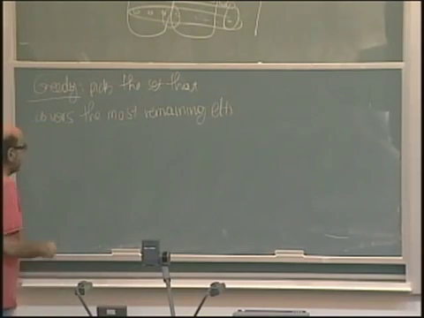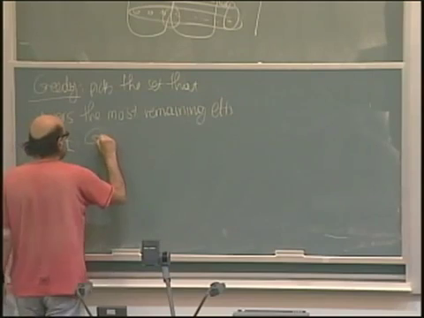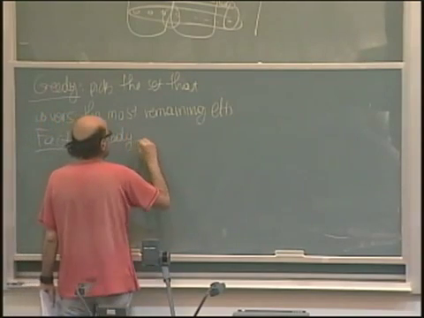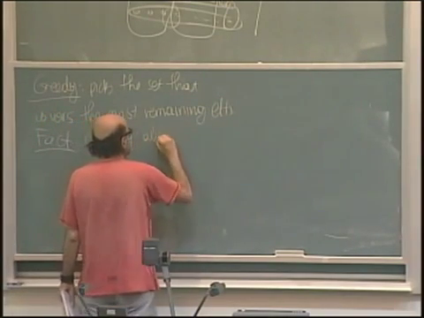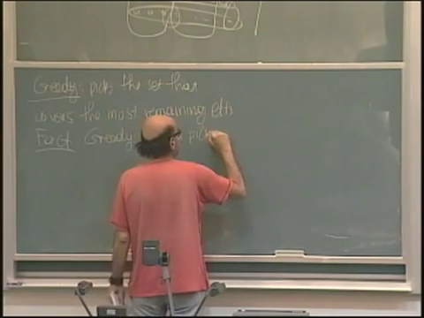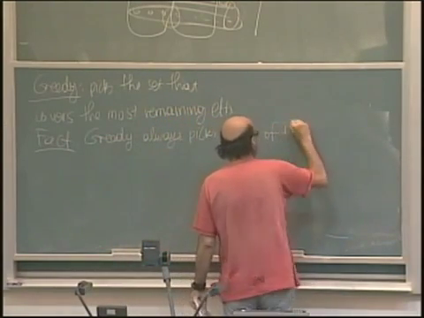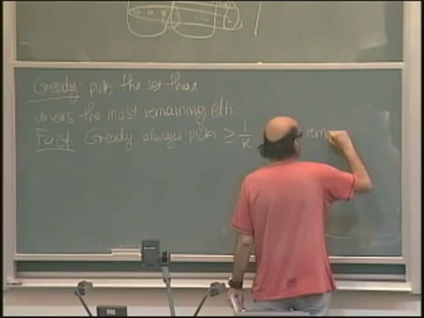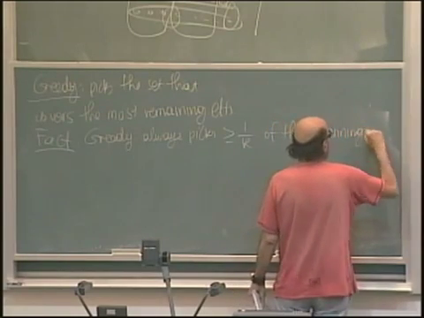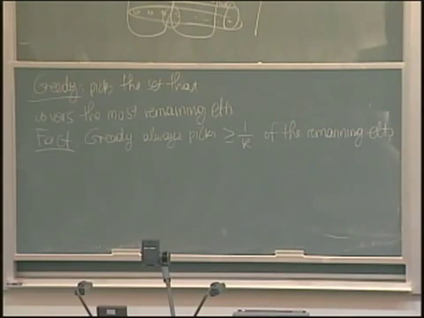So, here is a fact. The greedy always picks at least 1 over k of the remaining elements. Okay, so greedy has started in the first step.